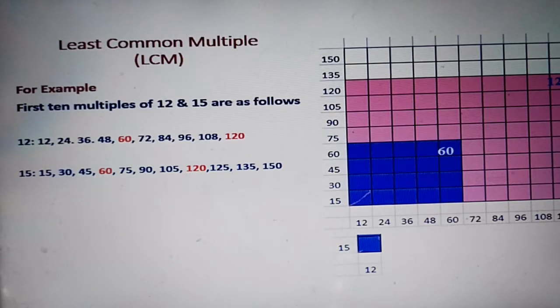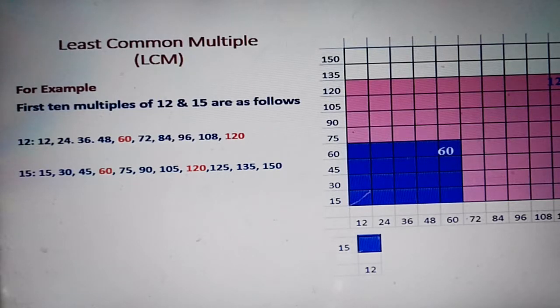So the first common multiple is very important to find, and this first multiple is called the least common multiple, because each time we go on finding multiples, the multiples increase. It's a finite process, so we always find the first common multiple, that is the least common multiple.